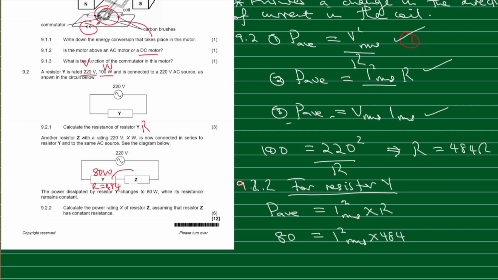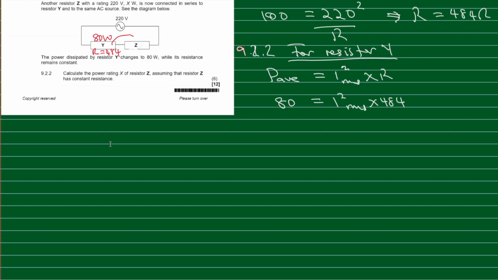The resistance for Y is still the same. So I will be equal to the square root of 80 over 484.